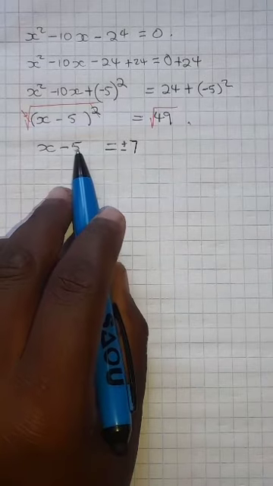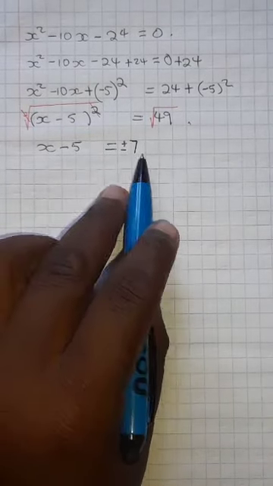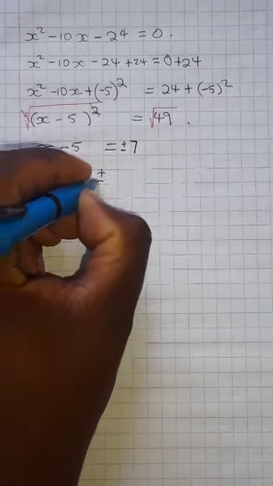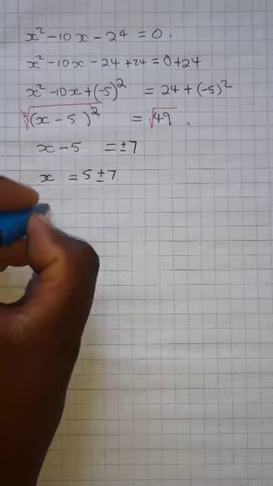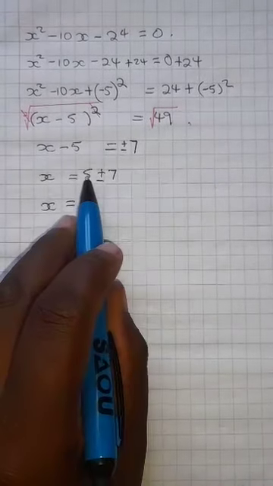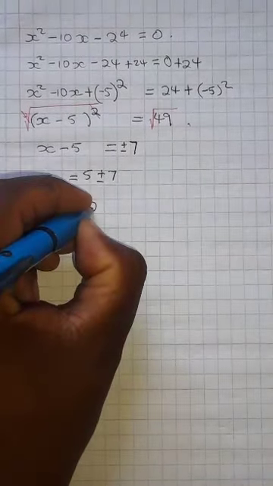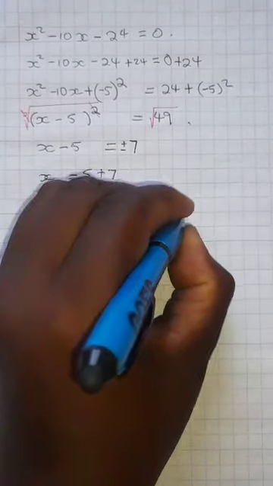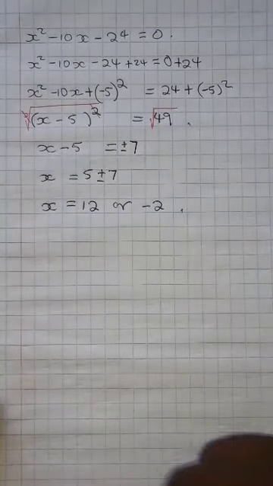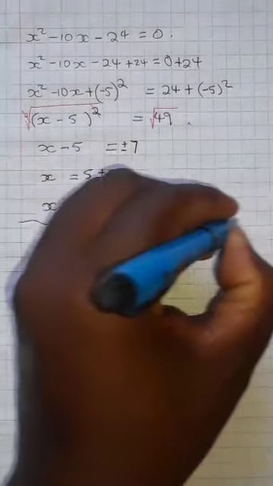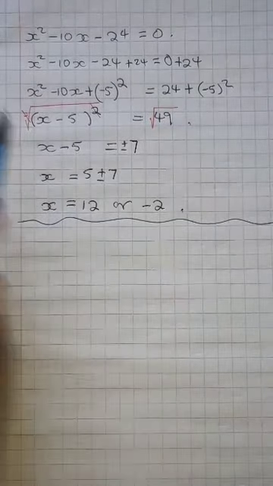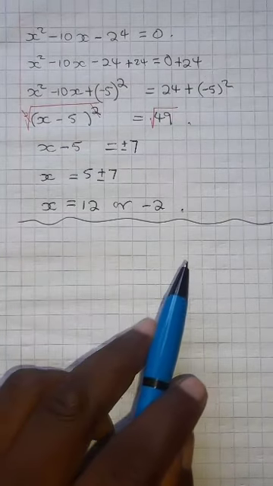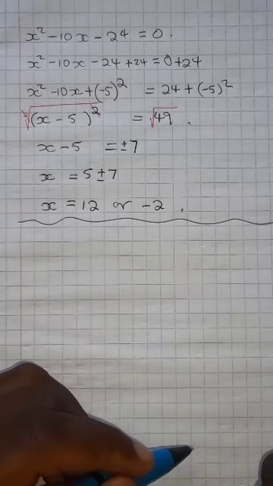Then the negative 5 goes to the other side and becomes positive 5, so it's 5 plus or minus 7. So our x is either 5 plus 7, that's 12, or 5 minus 7, that's negative 2. So for this equation, our x is either 12 or negative 2.